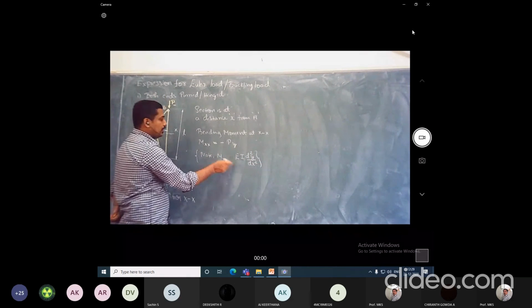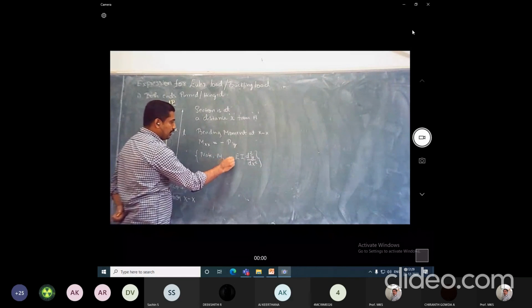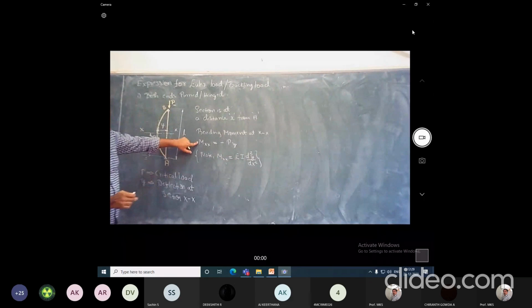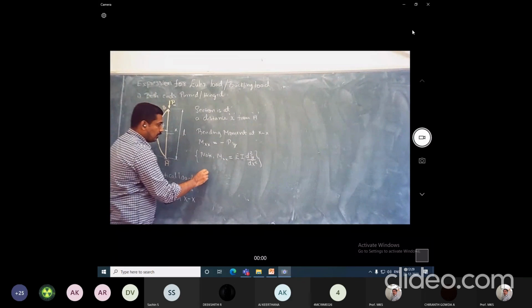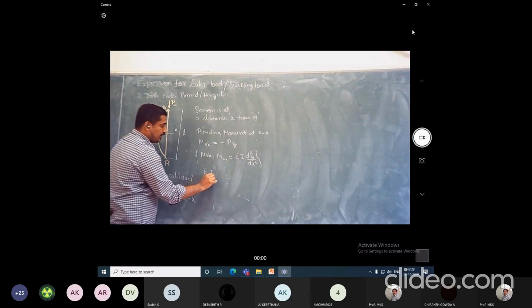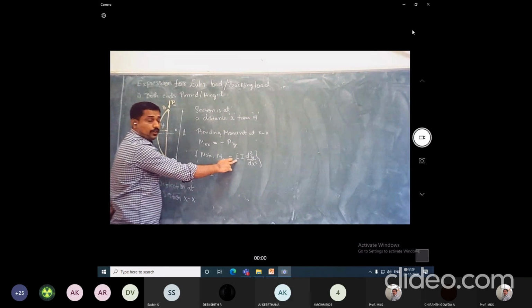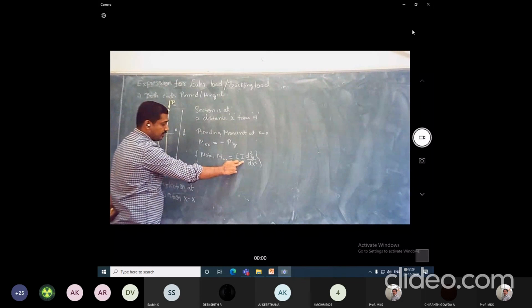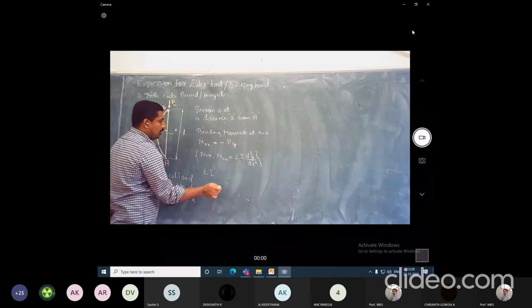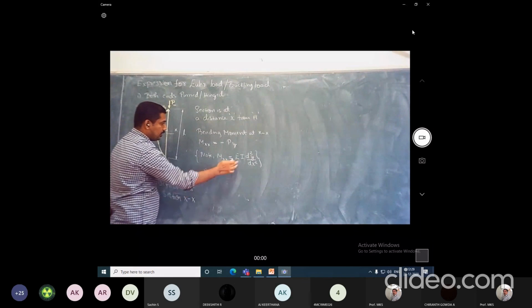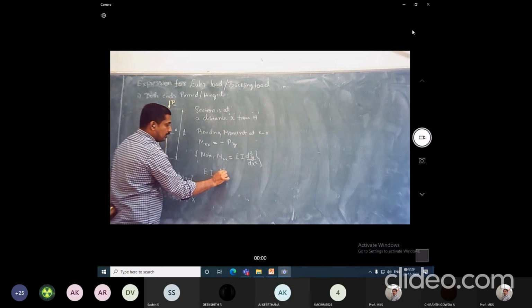You need not write this, just know it so that the moment can be substituted. E is the modulus of elasticity, I is the moment of inertia with respect to the cross section. So Mxx is EI d square y by dx square.